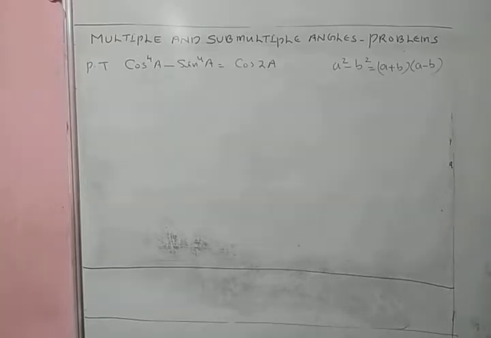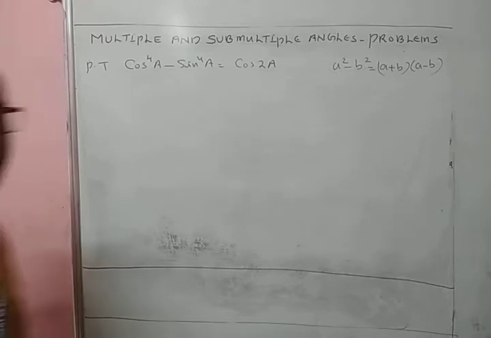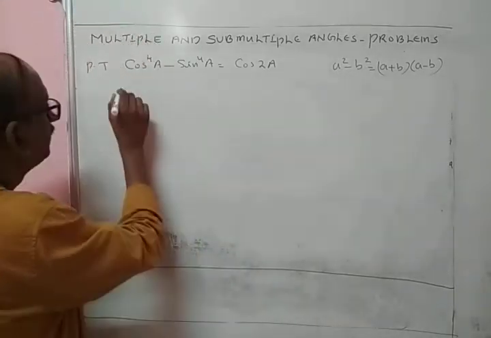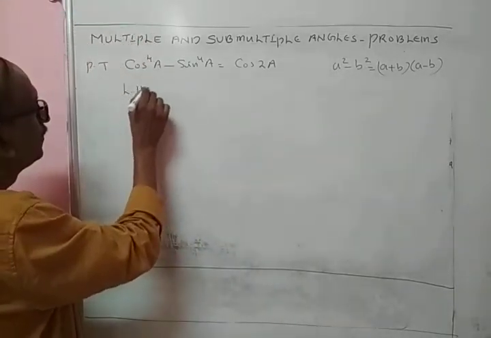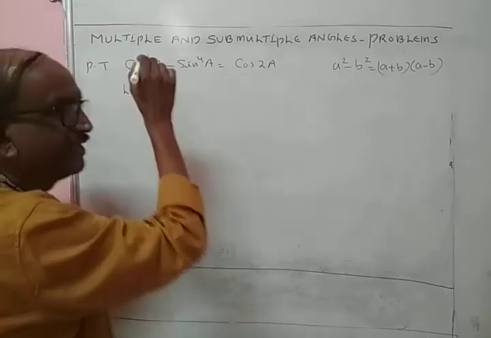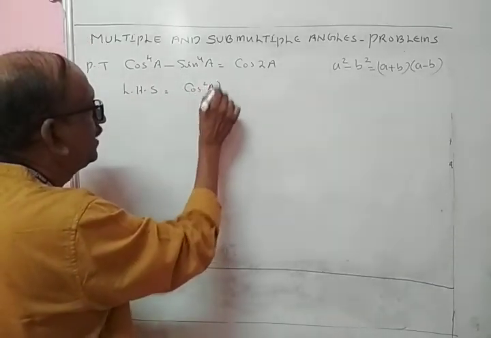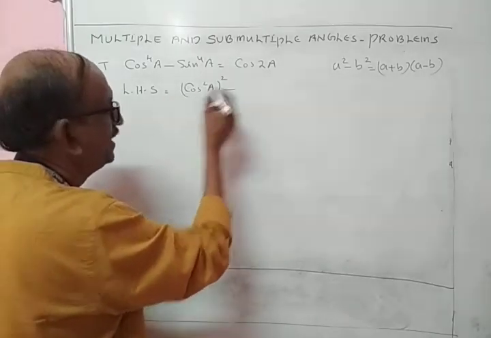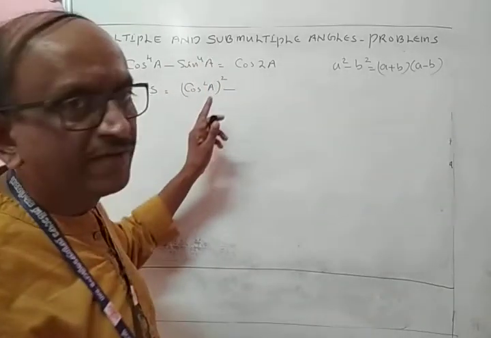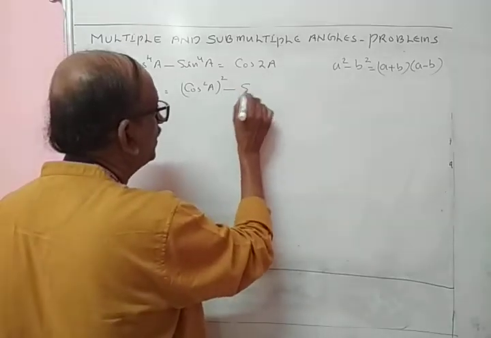Next problem, prove that cos raised to 4a minus sin raised to 4a is equal to cos 2a. Take the left hand side. Cos raised to 4 is same as cos squared a the whole square, minus sin raised to 4a is same as sin squared a the whole square.